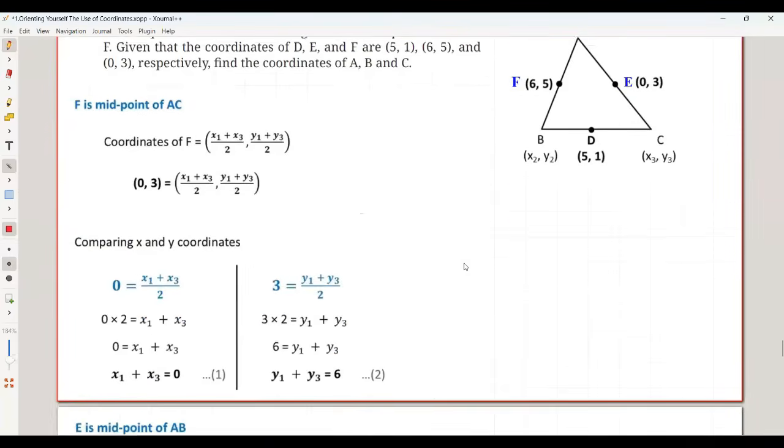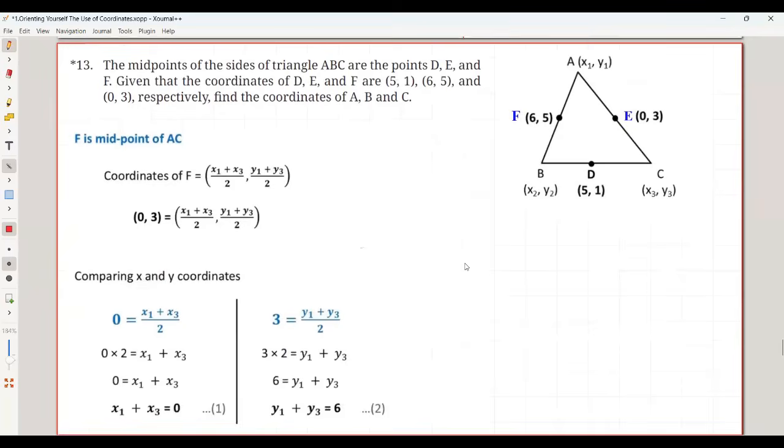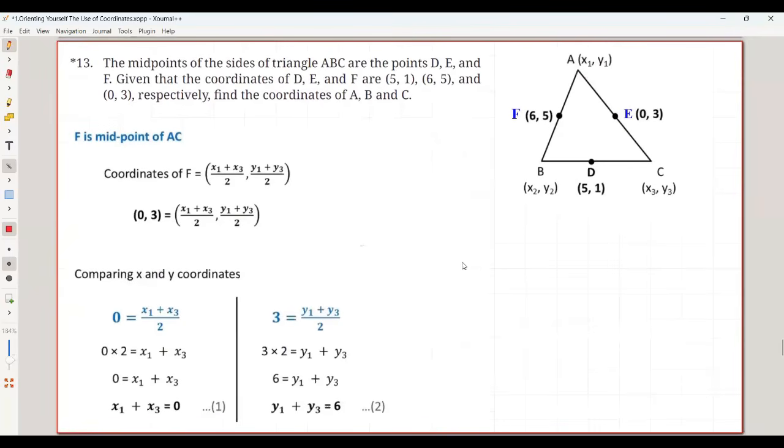Now, question number 13. The midpoints of the three sides of the triangle ABC are the points D, E, and F. These all are midpoints.